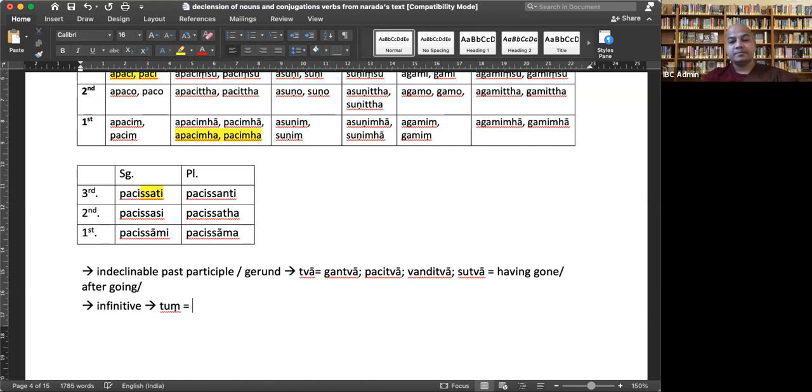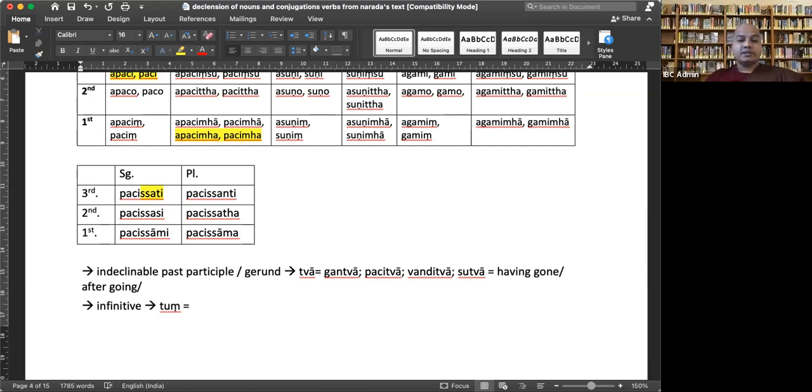Tum. So it refers to a type of action, a type of verb that you desire to do.